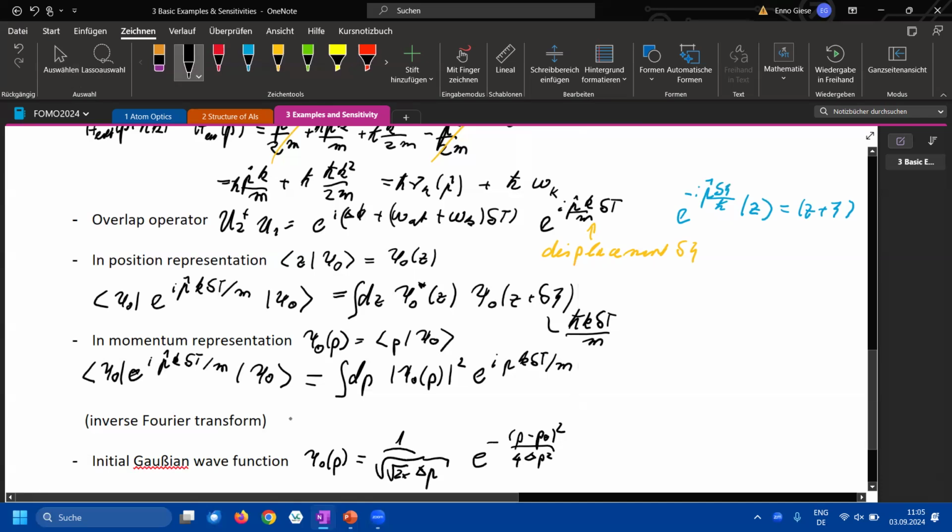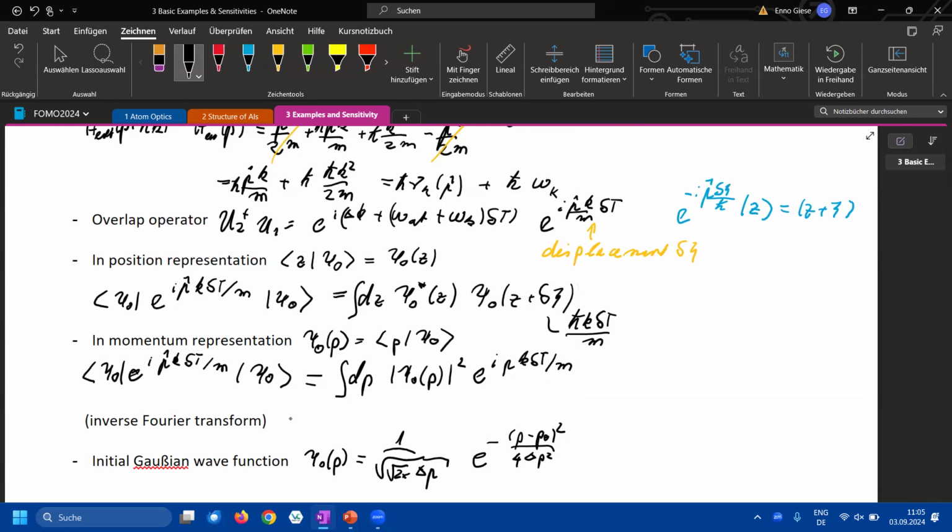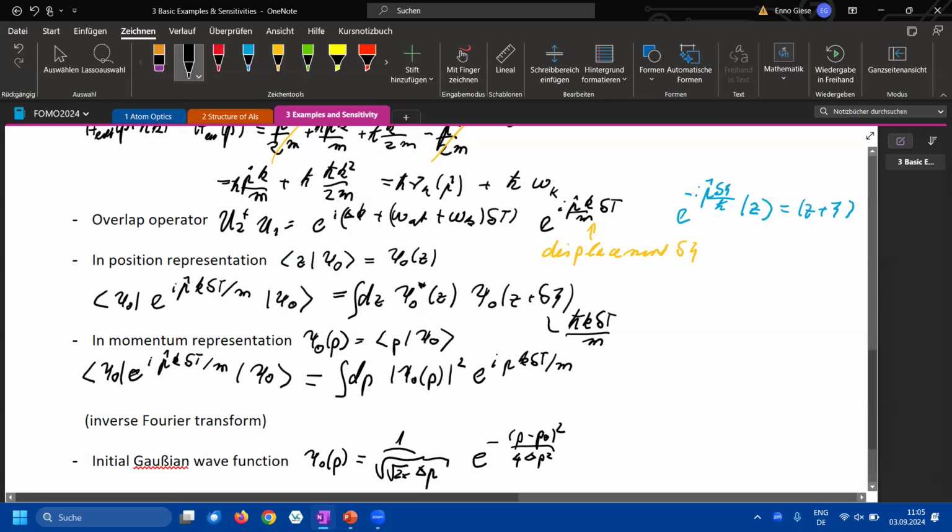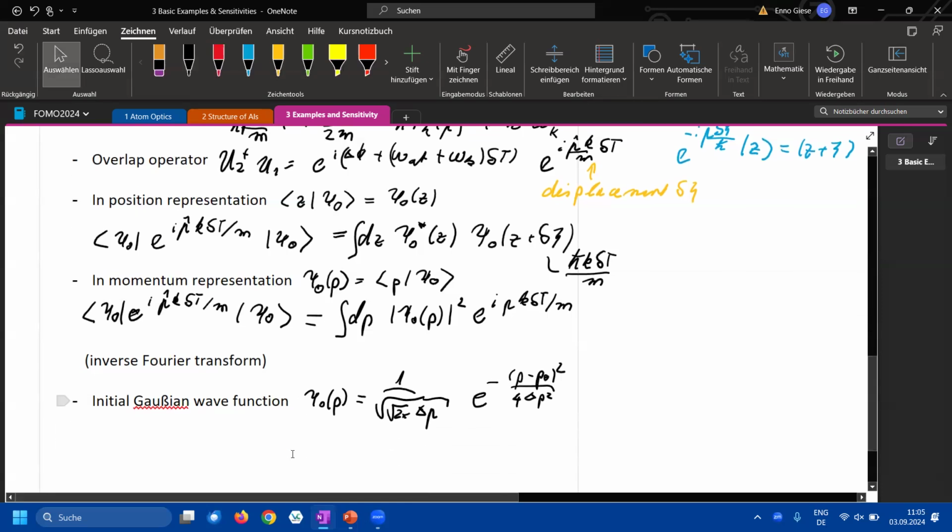So it's very easy to just Fourier transform that, and it gives rise to another Gaussian, where you basically get this delta p squared in the exponent. But because we have a non-vanishing expectation value, this initial momentum p naught, the initial expectation value, also enters. So I think we can just write down the solution for that.